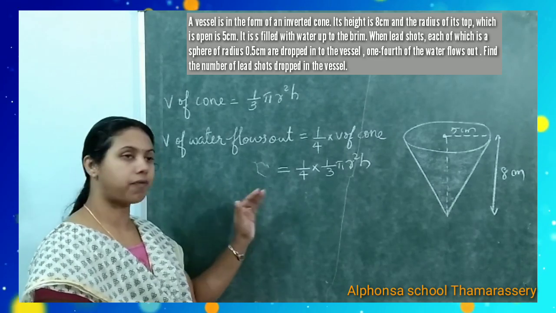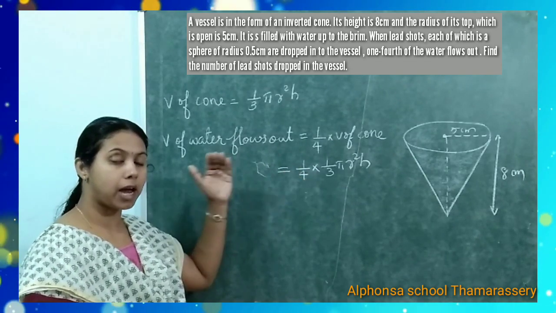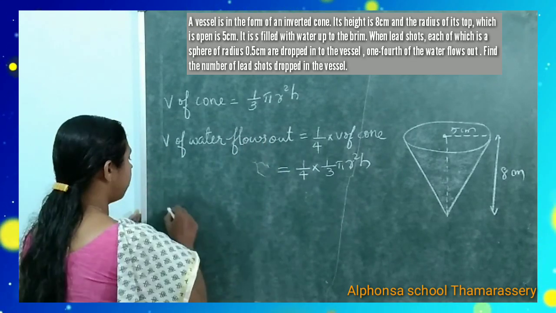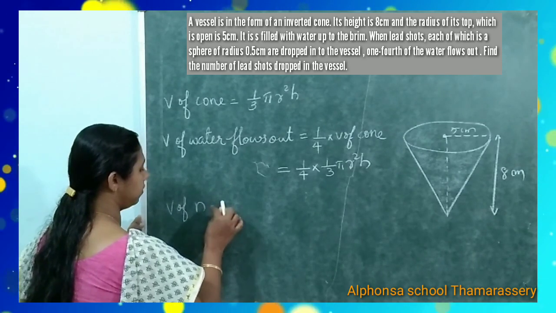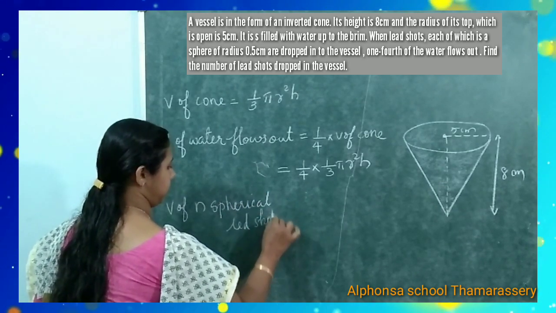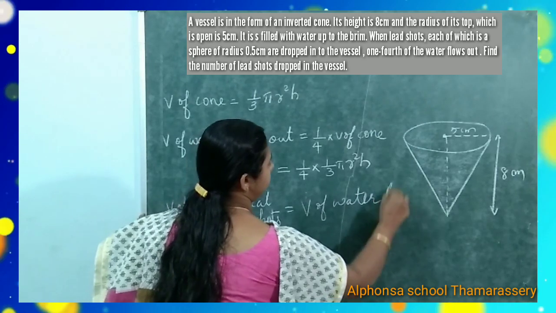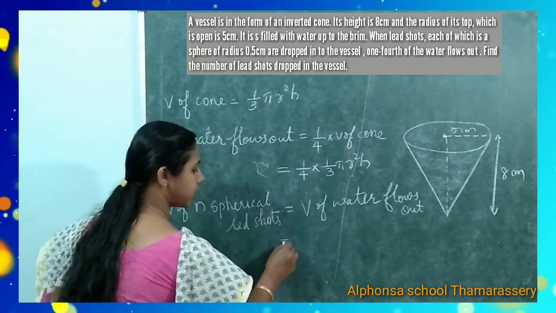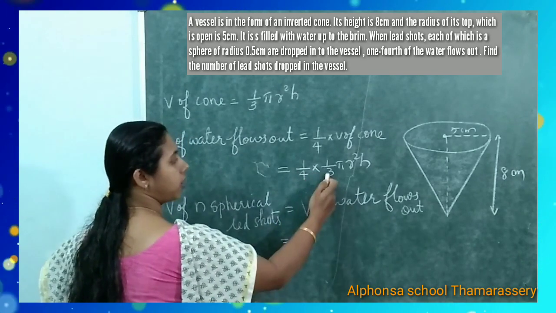The volume of n spherical lead shots will be equal to the volume of water that flows out, which is equal to 1/4 of the total volume.